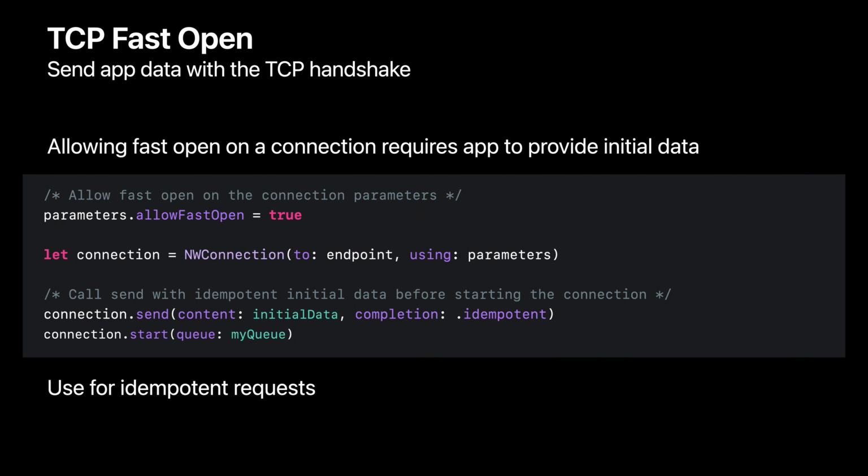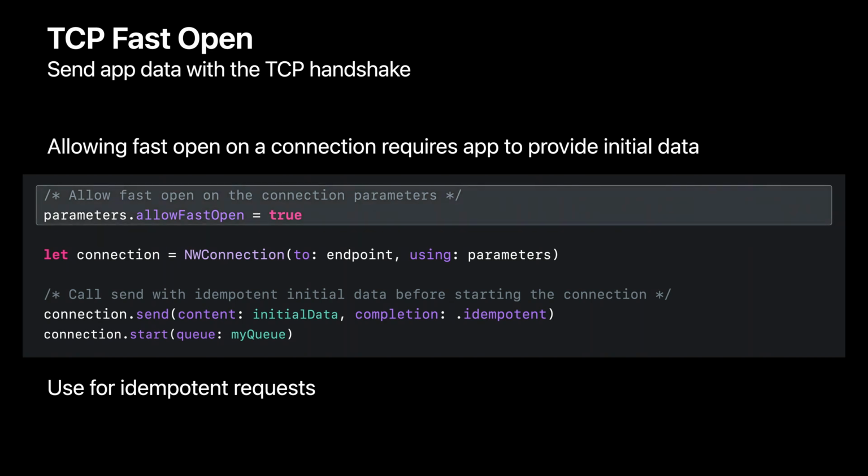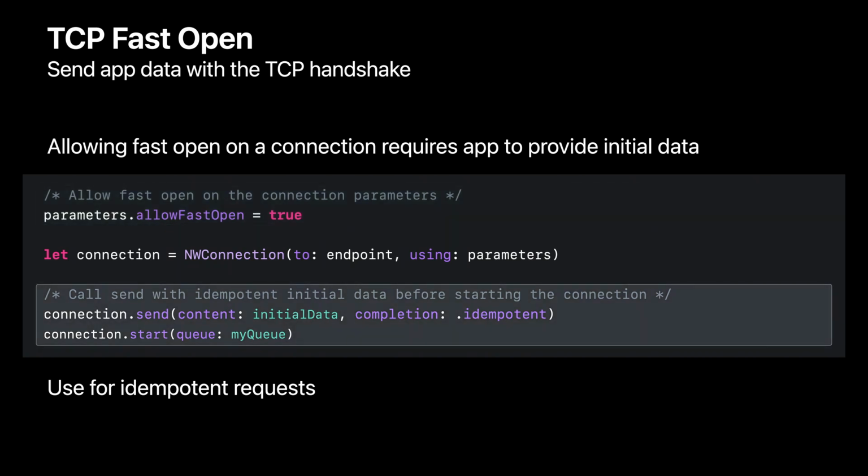The first option is to allow Fast Open on your connection, and in this case, the app will provide the initial data to be sent out with the handshake. To enable this, set the Allow Fast Open parameter to true and create your connection. And then, before calling start, you would call send with your initial data.